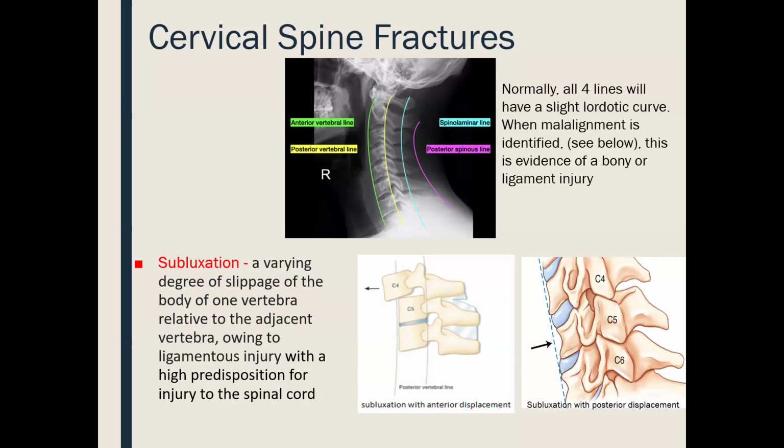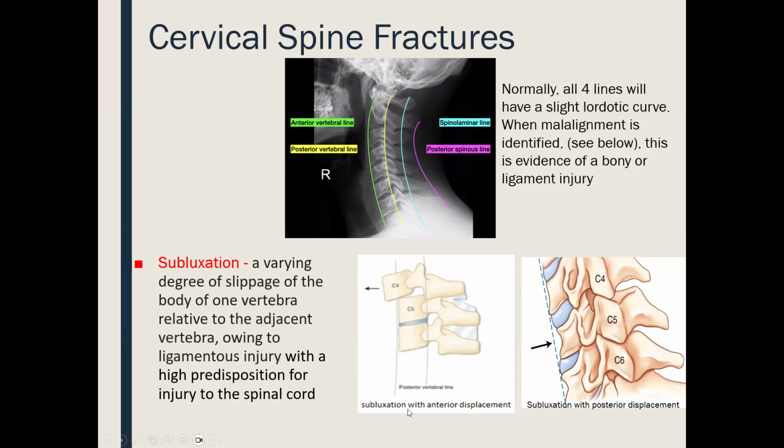They can be minor or incomplete subluxations, where the joint surfaces still touch but are not in the normal relation to each other. Dislocations are injuries to a joint that cause adjacent bones to no longer touch each other.